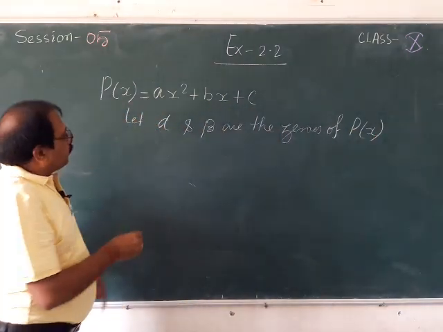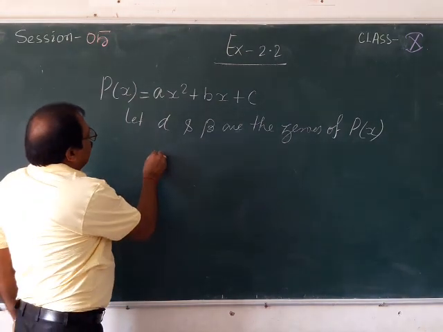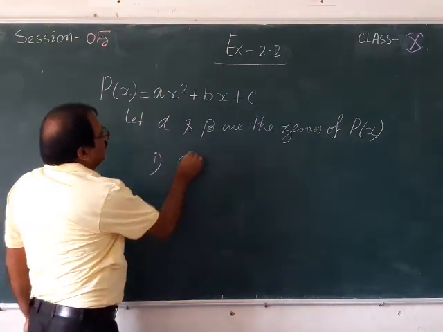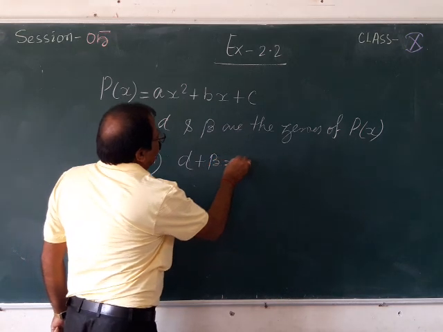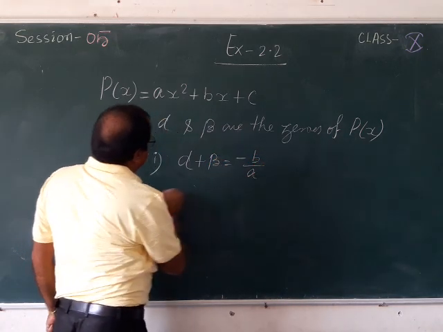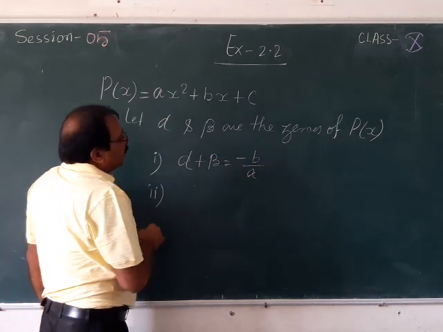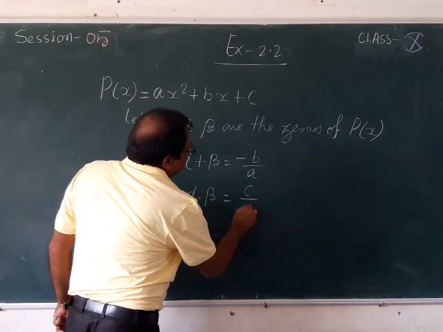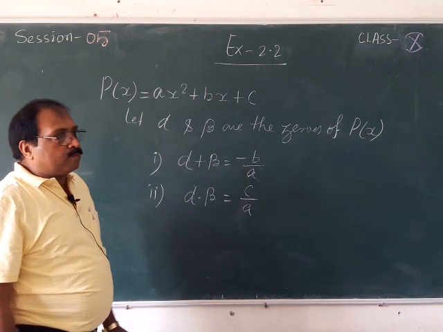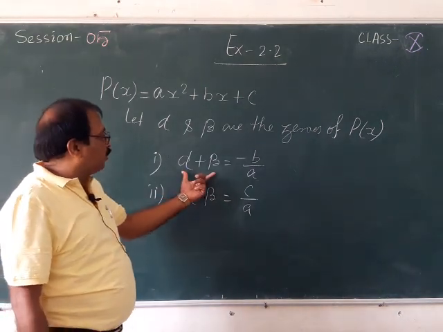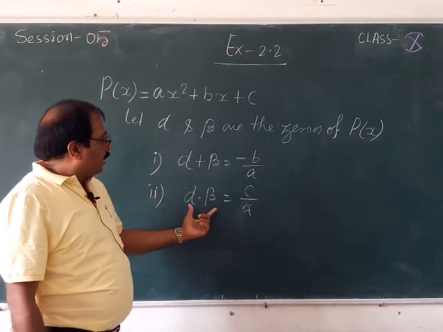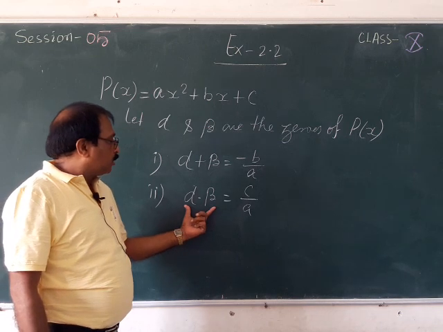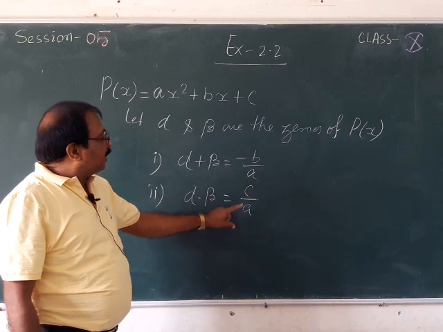Now the first relation for these zeros is that alpha plus beta equals minus b by a, and the second prominent relation is alpha into beta equals c by a. That means the sum of zeros of a quadratic polynomial is minus b by a, and the product of zeros of a quadratic polynomial is c by a.